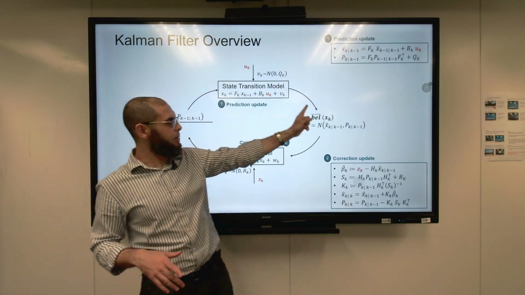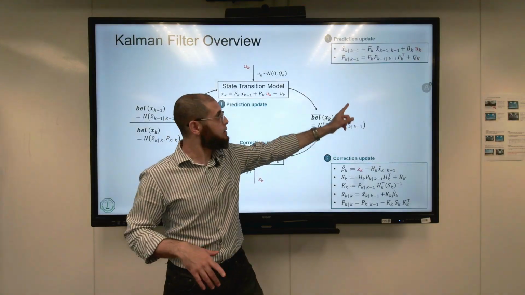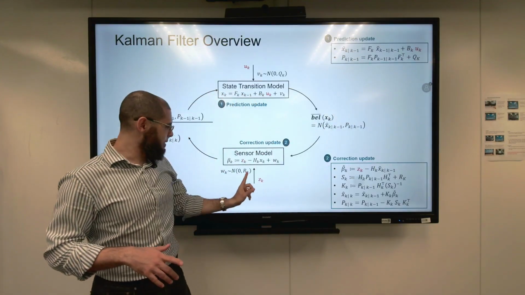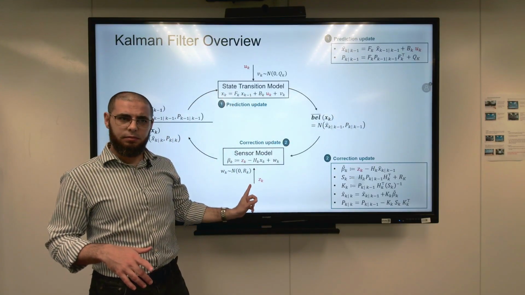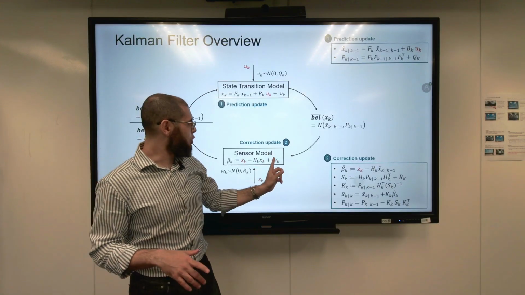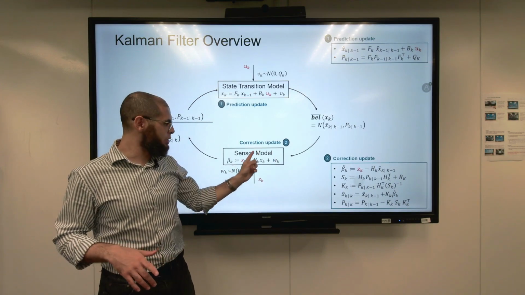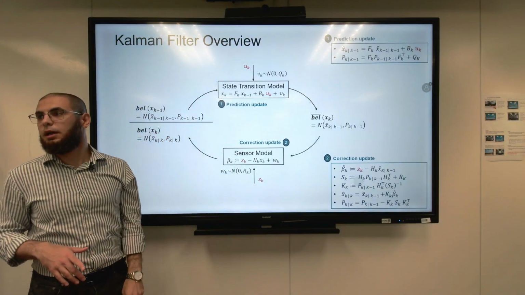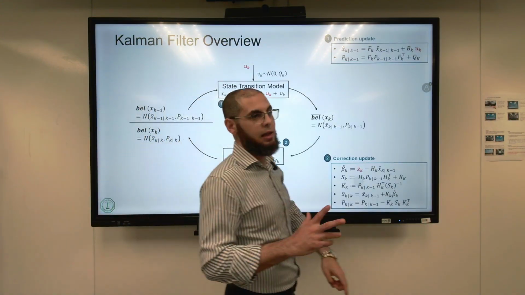Then I calculate from it a new mean and new covariance. Afterwards, I take these two along with the measurement, the exteroceptive measurement Z_k, and then I use the sensor model, which includes the H_k, and I update the state mean and the state covariance.